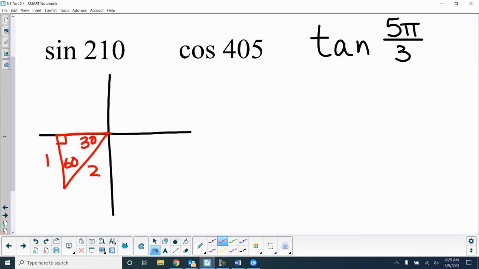The hypotenuse is 2, but this will be negative 1 because I'm in the third quadrant. And this would be the square root of 3. So what's the sine? Opposite over hypotenuse. Draw the pictures. This is what I'm going to ask you to do on Friday.